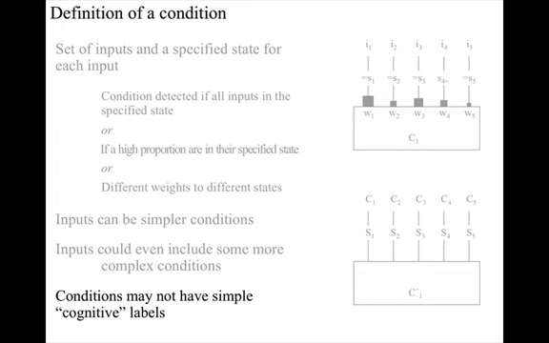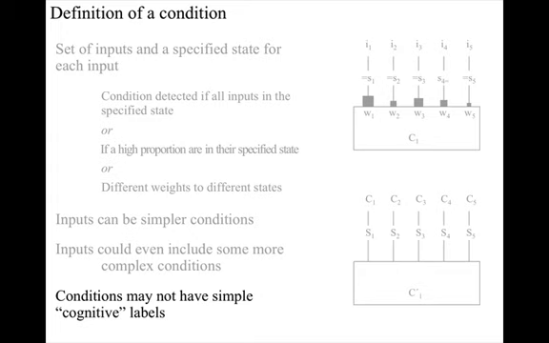But a condition doesn't necessarily correspond with some situation that can be neatly labeled in cognitive terms. In other words, a condition may not correspond with the presence of a cognitive category that we can name. One individual condition might sometimes be detected when looking at any one of a number of different categories, and it might not be detected every time you look at an object in one particular category.